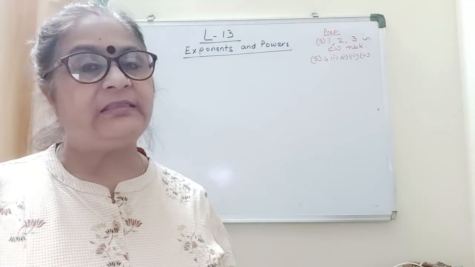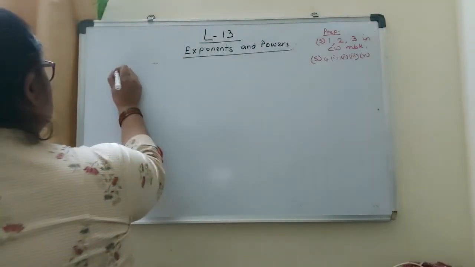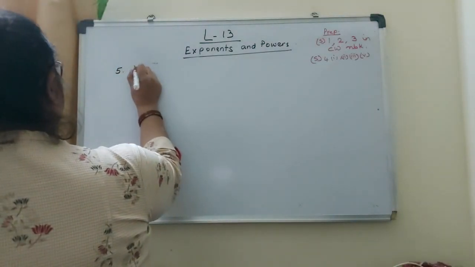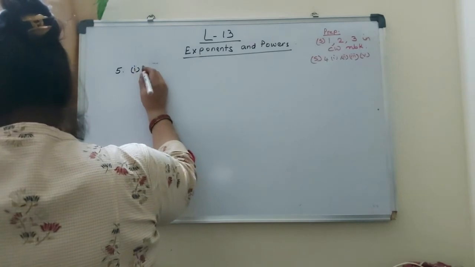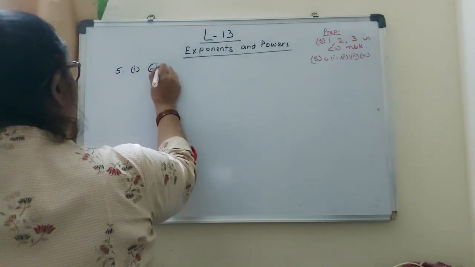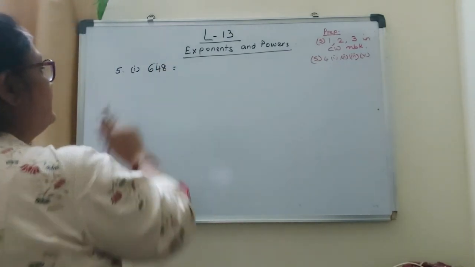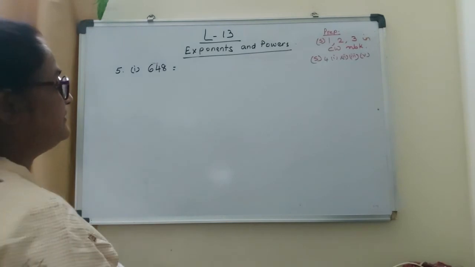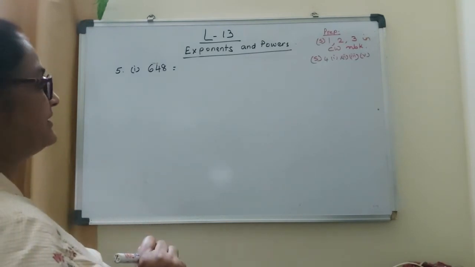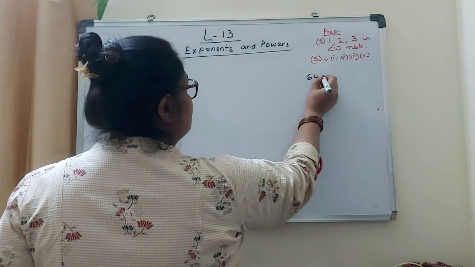If you are careful in that, you will not make a mistake. I'll give you one example. Question number 5. First one is 648. Now to find the factors of this, we have to do prime factorization. Again, prime factorization, we will do it at the side.